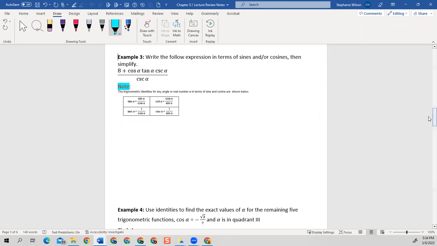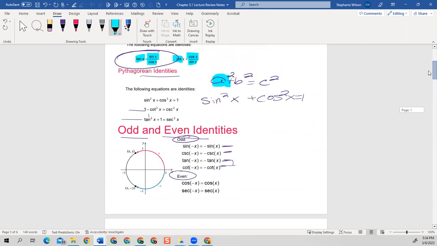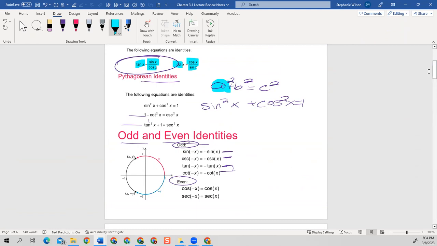Okay, since I had 1 minus cosine squared, when I came up here to my identities, if you'll notice right here, we have cosine squared and it's involving a 1. So I knew to use this identity. Because of the cosine squared? Correct. If it would have been tangent squared, I would have used this one, or secant. Okay, gotcha.